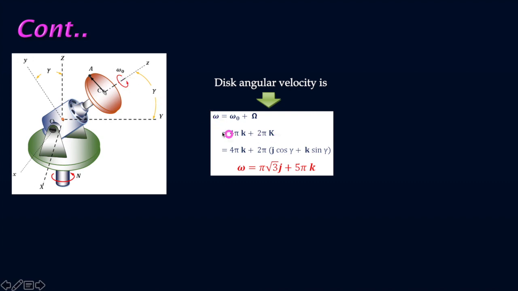So the resultant is the summation of these two angular velocities. Just add them and substitute the relation between k and j k. Substituting that, we get this relation, and finally omega is a function of j and k only.